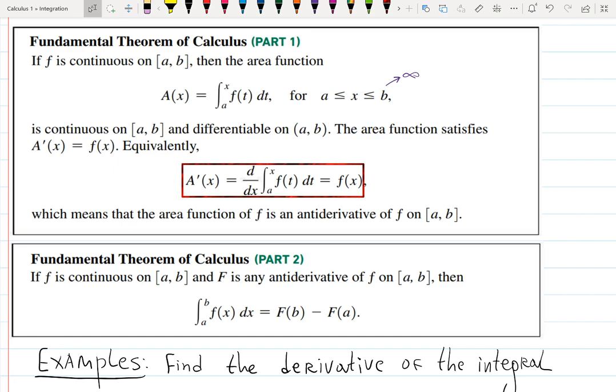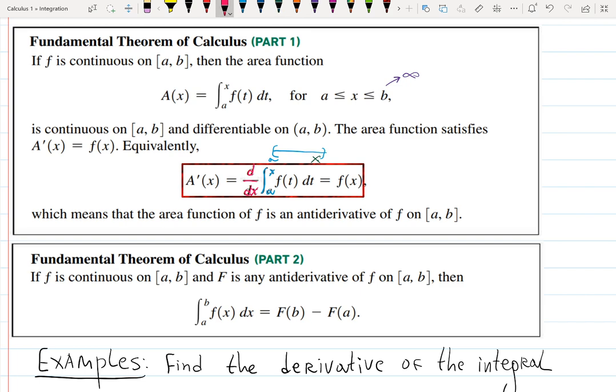So, long story short, we're going to teach you how to differentiate the integral. d with respect to dx, that's the notation for taking a derivative, a differentiation process, of the integral from a, which is the fixed left endpoint of the interval, up to x, which means the right endpoint is not fixed, it's a variable.